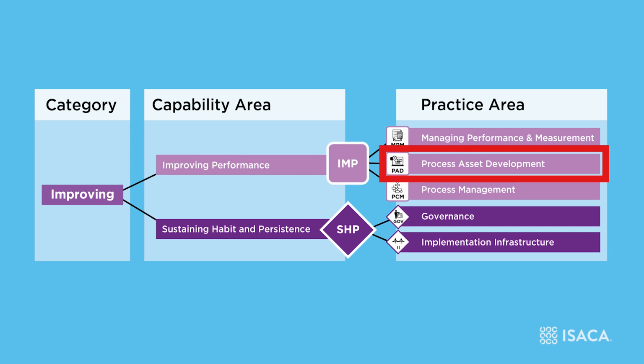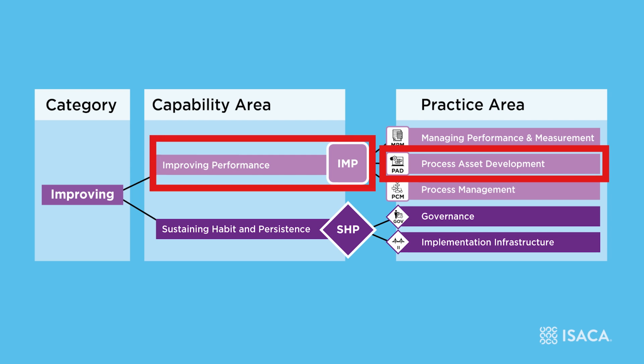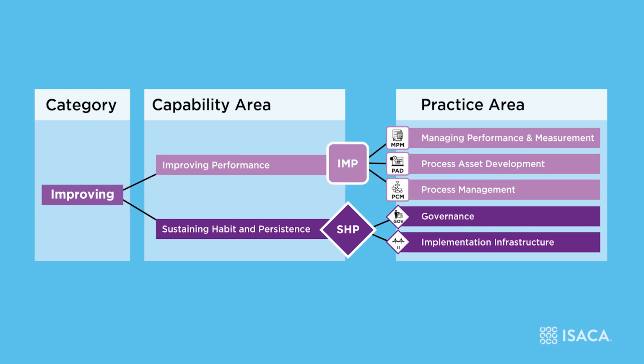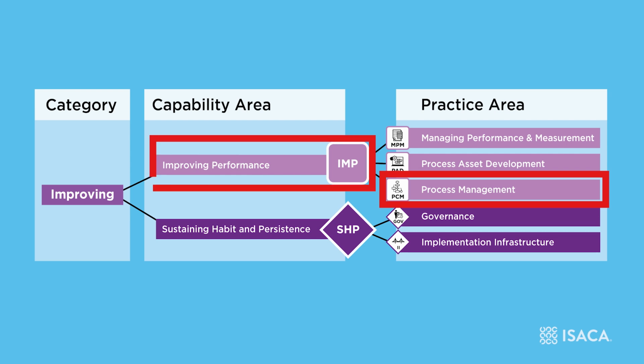Process Asset Development, PAD, is one of three practice areas within the Improving Performance Capability area, which is in the Improving category. Process Asset Development is very closely related to the Process Management, PCM, practice area, which also is in the Improving Performance Capability area.